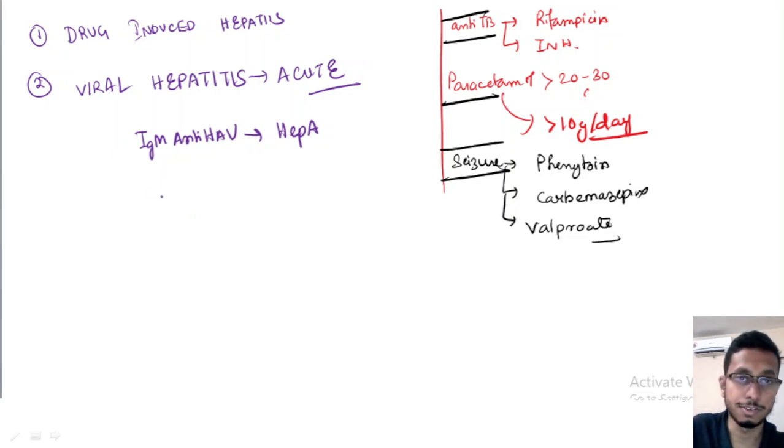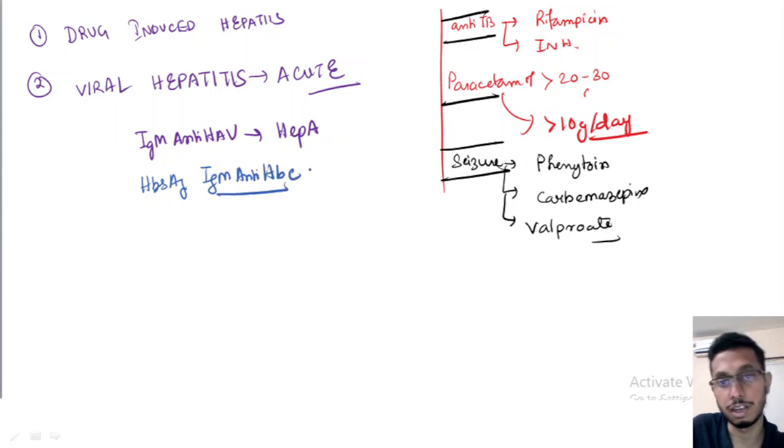For this reason, you will do HBsAg and IgM anti-HBc, that is the core antigen for hepatitis B. Ruling out hepatitis C is of no value in such cases because hepatitis C usually presents as chronic. So IgM anti-HAV, IgM anti-HBc and HBsAg will be helpful.